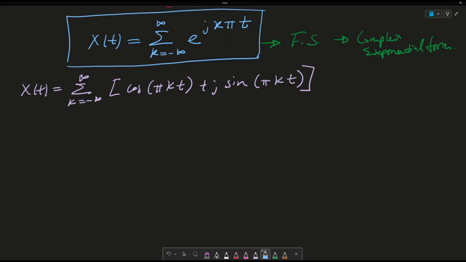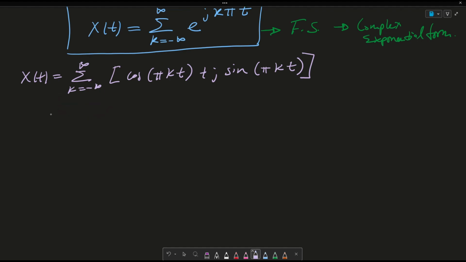If we go ahead and split out this summation, we're gonna get that this is equal to, from negative infinity to negative 1, we have a cosine of pi negative k, right, t, plus j sine, this is going to be pi negative k t.